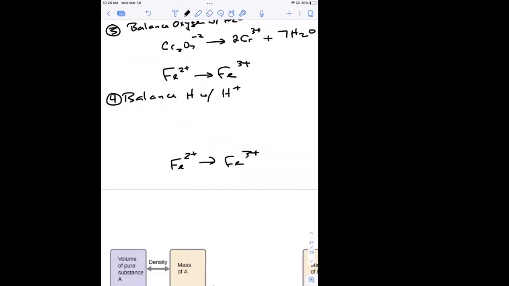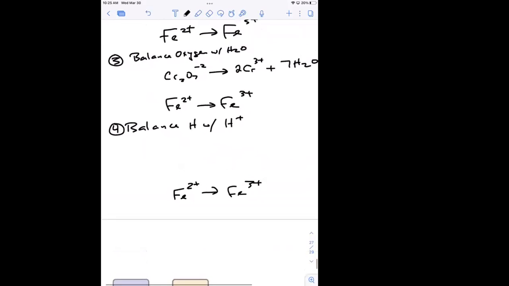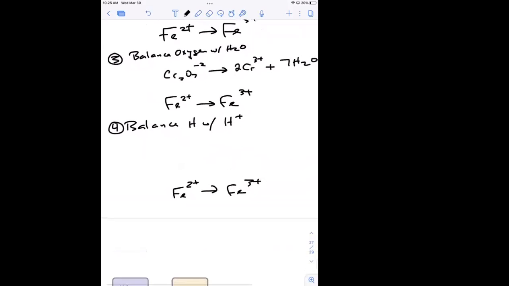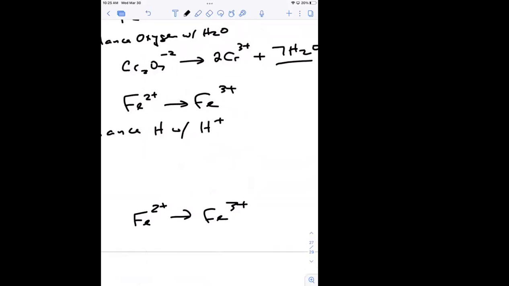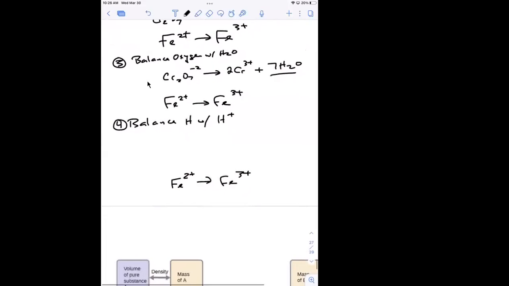We don't care. Now on the other side over here with the chromium, how many hydrogens are on this side? Would it be 14? 14. So I need 14 hydrogens on the other side because I'm balancing hydrogen.